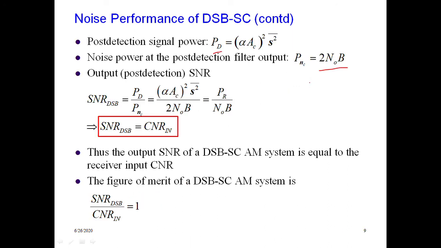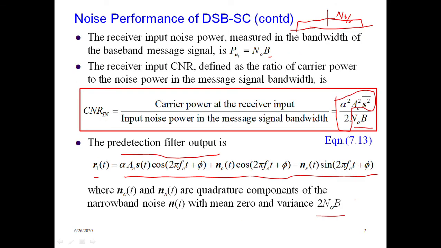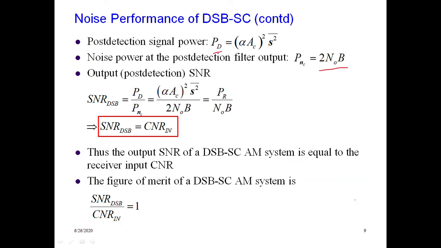When we want to find the signal, now we focus on the signal YDT at the end of the block diagram, or at the last point, it will be the signal.